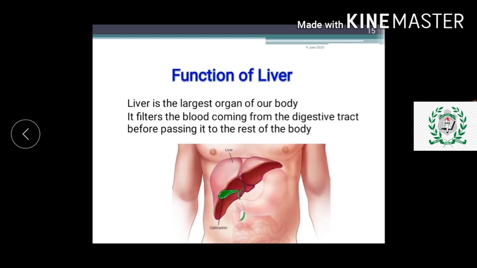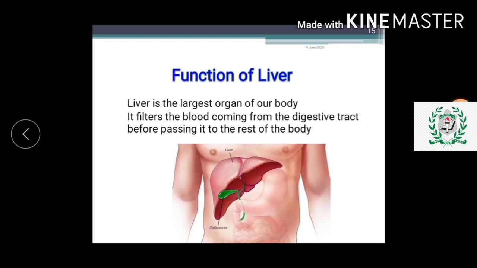The first function of the liver is to clean the blood, and secondly, it stores the energy. And the third thing is it removes the toxins, that is the poisonous part, from our blood. The liver sends the separated toxins to the small intestine, where they are removed with the feces.